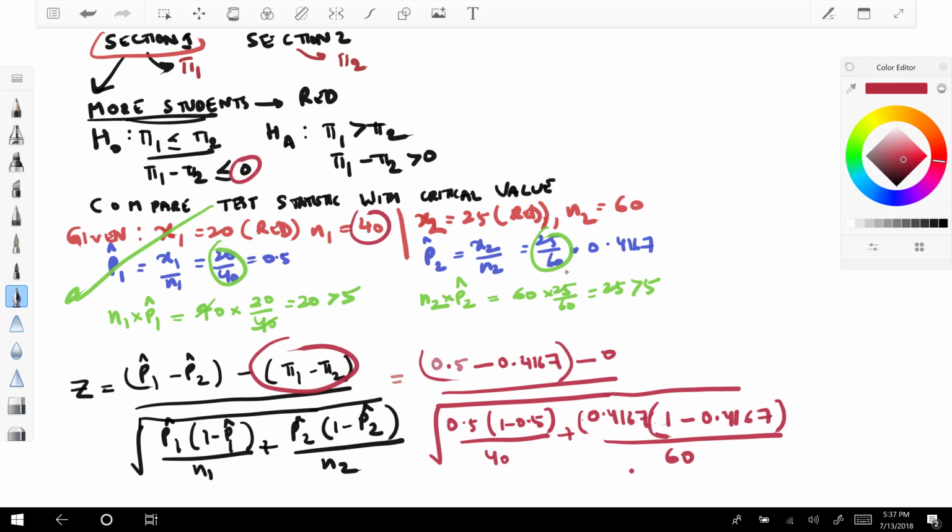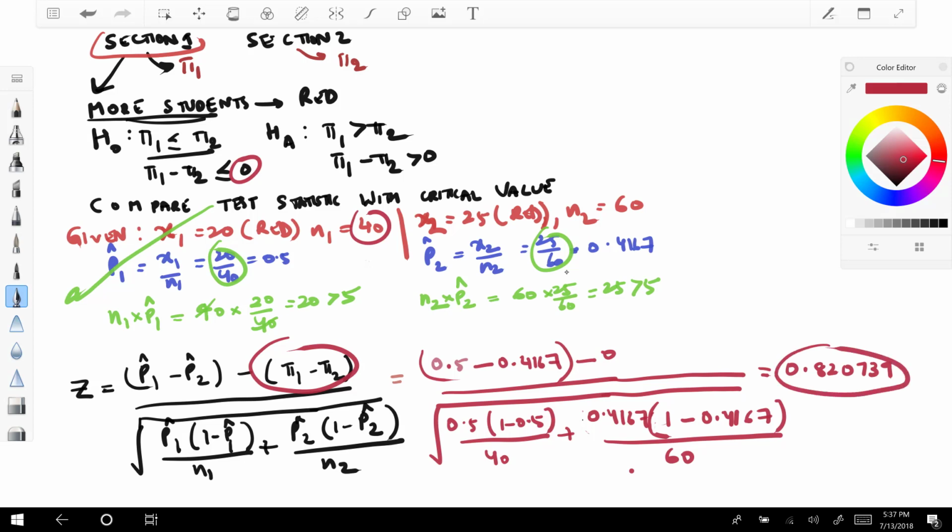I won't have a parenthesis here, so I'll erase that. If we calculate this whole expression, it's going to give us a value of 0.820739. So that is our test statistic value.